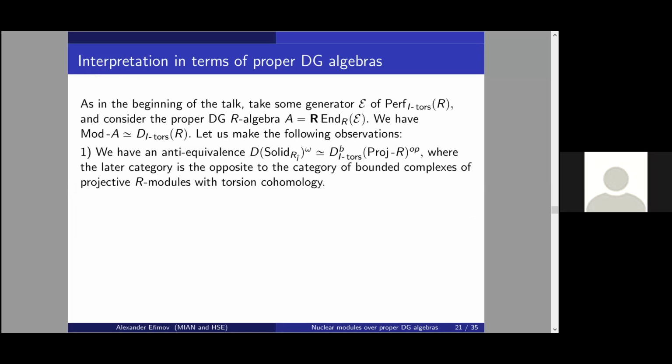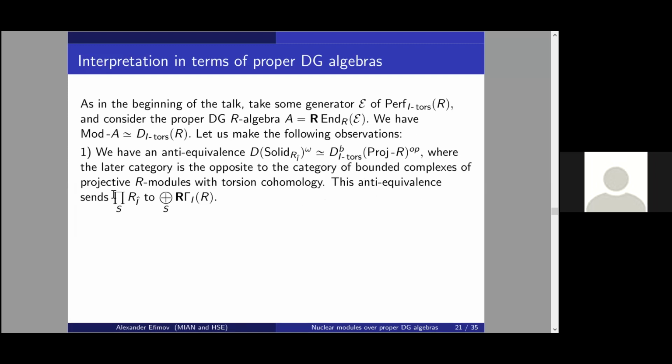So the observation which I made is that the compact objects in these solid modules form just the opposite category to bounded complexes of projective R-modules with I-torsion cohomology.